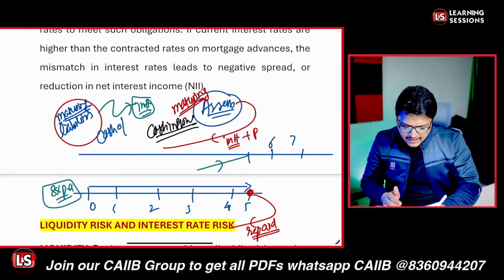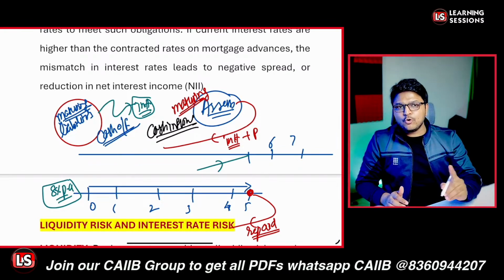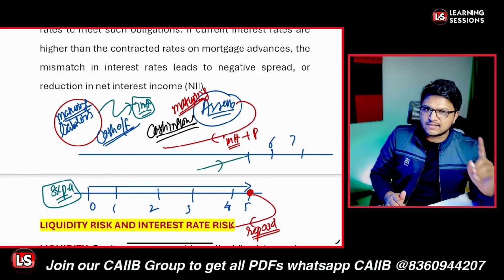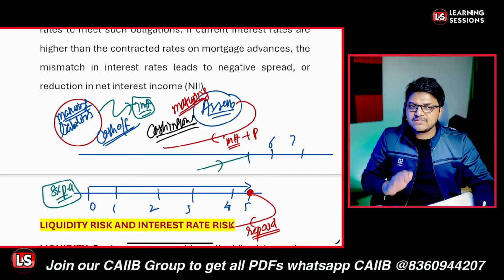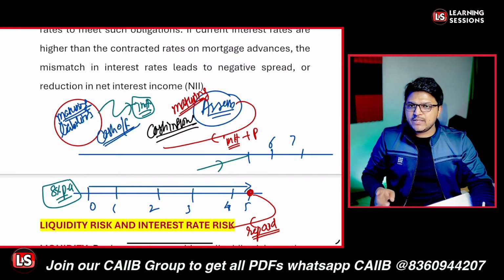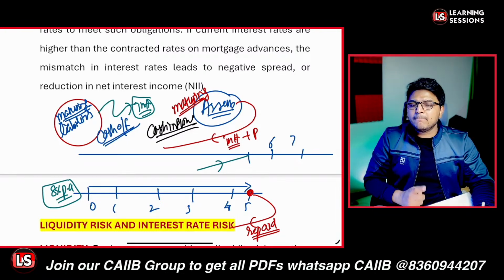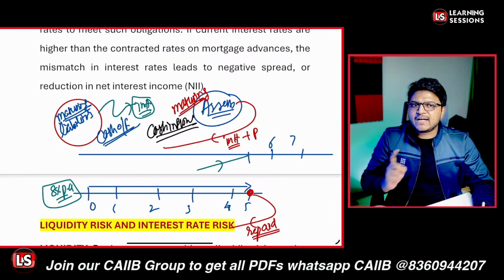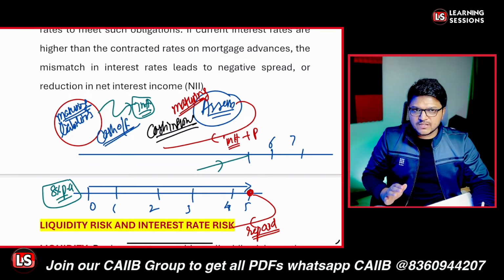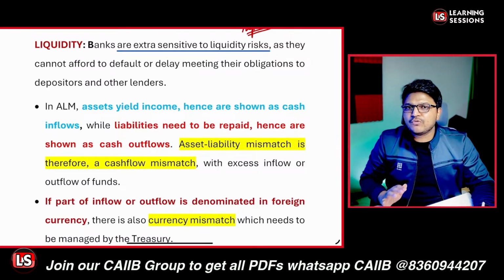So there is cash outflow in case of the maturing liabilities and cash inflow in case of the maturing assets. Is this particular point clear to you? This point is very much important to understand the other basics of this chapter. Okay, now let's look at the points over here.